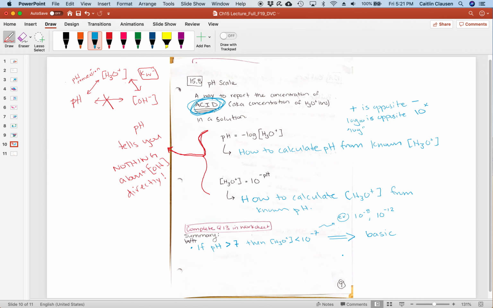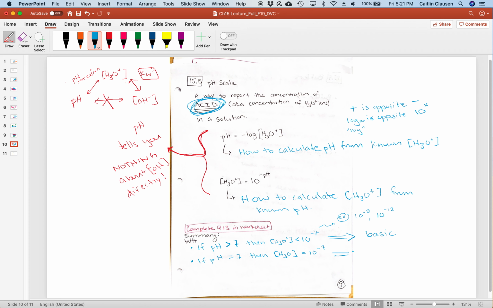So by inference, I can infer that the concentration of hydroxide is much bigger. I don't know what it is. I need to convert concentration of hydronium into hydroxide using Kw. If the pH was equal to 7, then the concentration of acid equaled 10 to the minus 7.